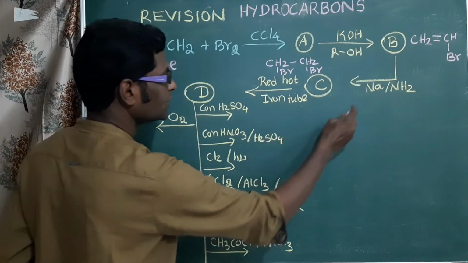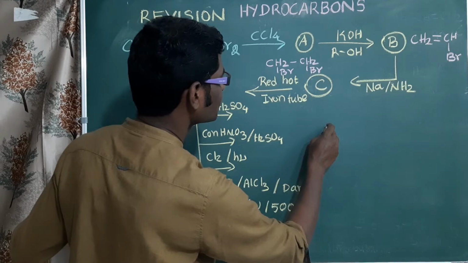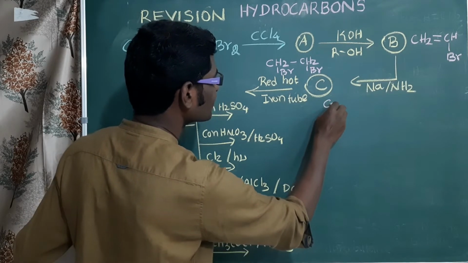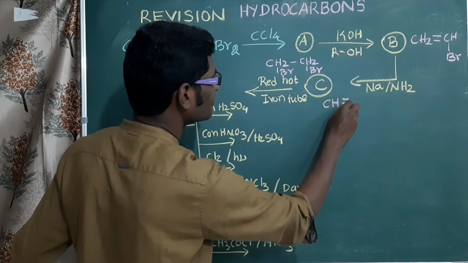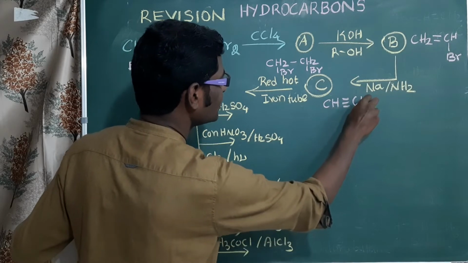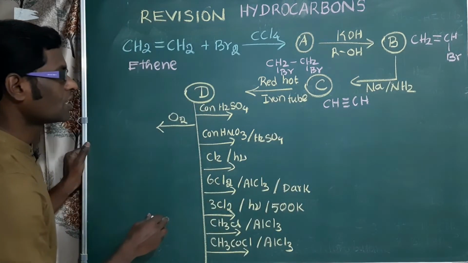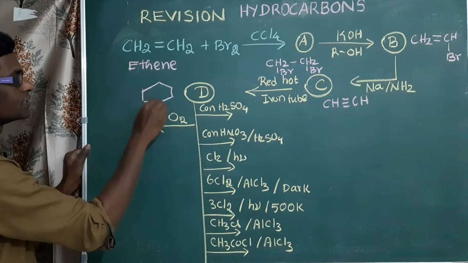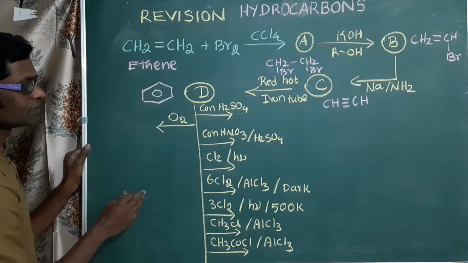This bromoethene is treated with a mixture of sodium and ammonia, considered as soda amide. We will get ethyne. This ethyne passed over a red hot iron tube undergoes cyclization. We will get benzene. So compound D is benzene.